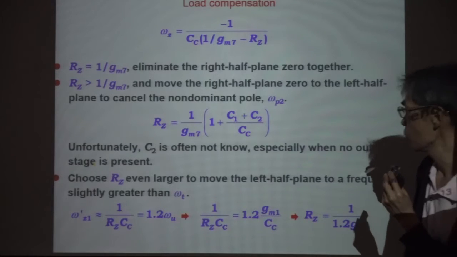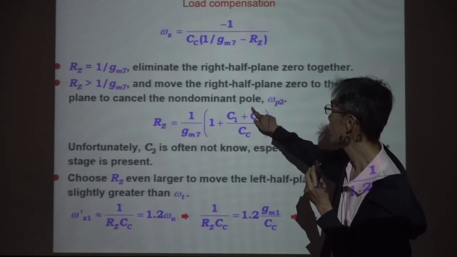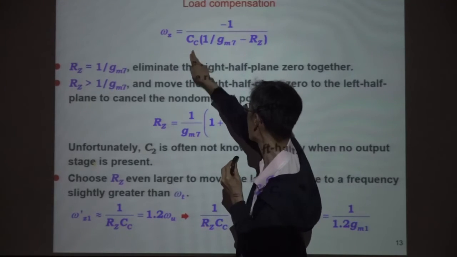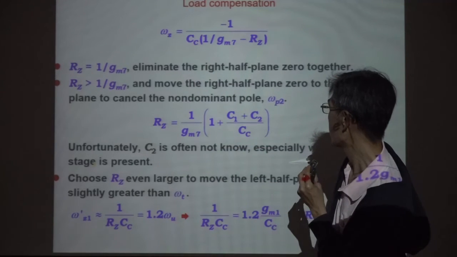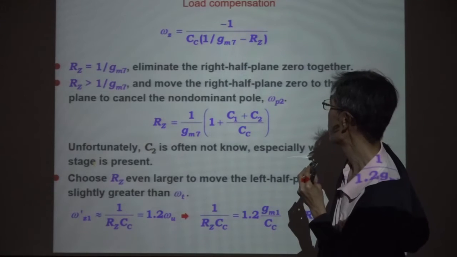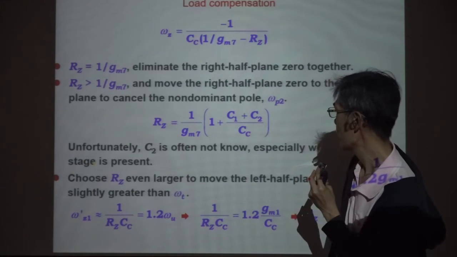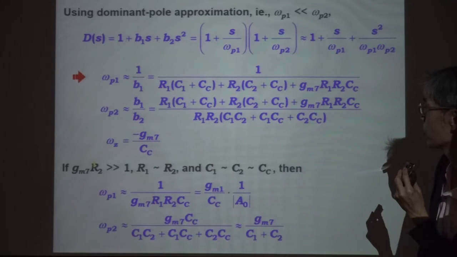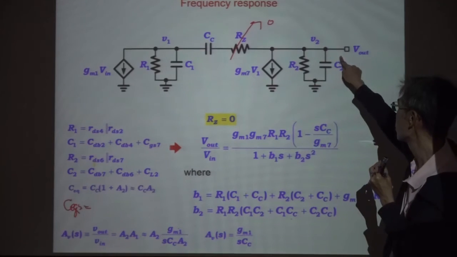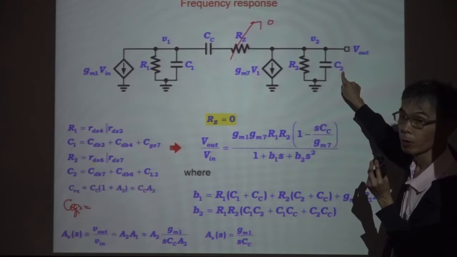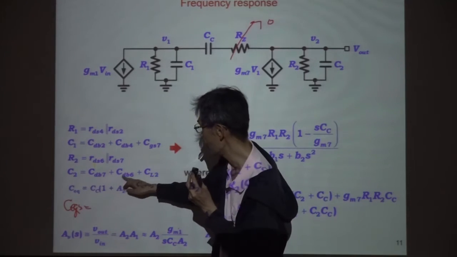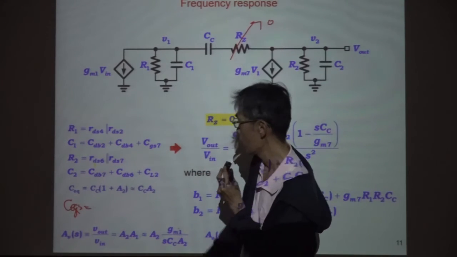But C2, because if you put CC back here, C2 is the combination of CB7, CB6, and CL2.